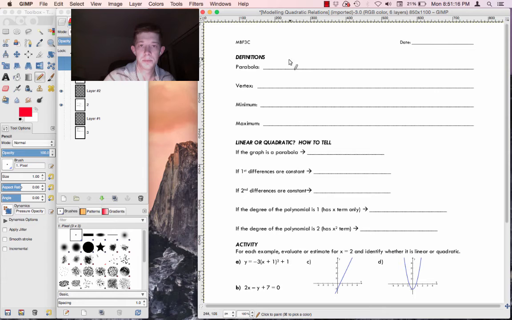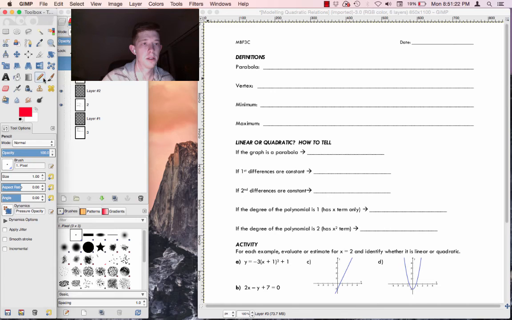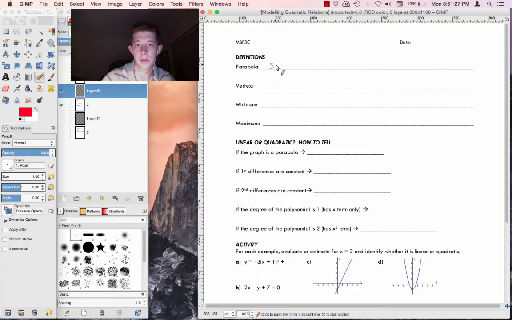A parabola means that we have a symmetric U or N shape, and it opens up or down. Okay, so up would be our U shape, opening down would be the N shape.